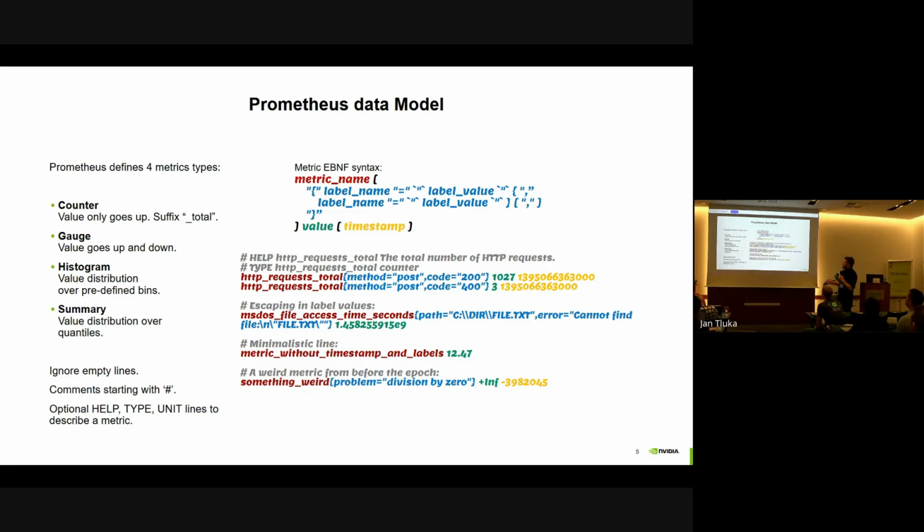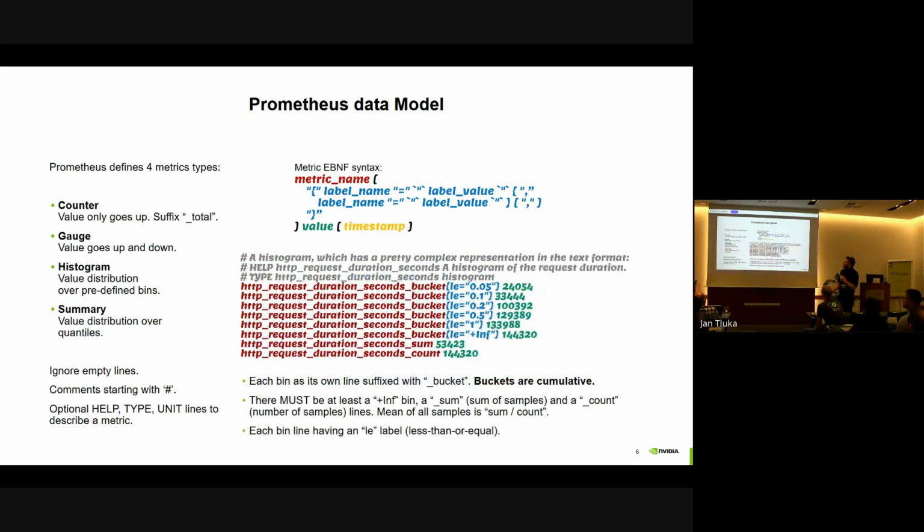The timestamp serves for the analysis to know whether there has been some reset or things like this. Finally, there are some additional optional lines about help, or for example, describing the type of the metric and maybe the unit of the value that is displayed.